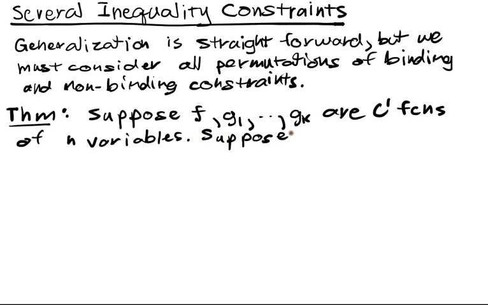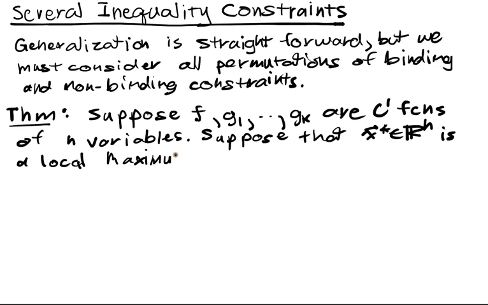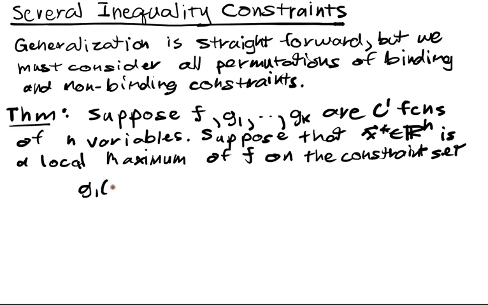Suppose that x star in my domain, Rn, is a local maximizer of f on the constraint set given by g1 of x is less than or equal to b1 all the way up to gk of x is less than or equal to bk.